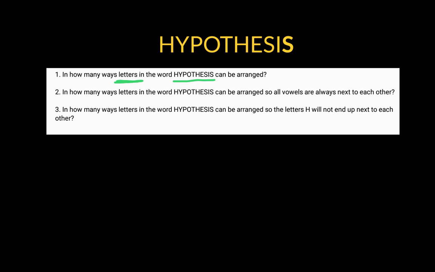Right, so if I look at my letters, I've got 1, 2, 3, 4, 5, 6, 7, 8, 9, 10. So I've got 10 objects, 10 letters that I am, and that's a key word, arranging. For the factorial, we're arranging.